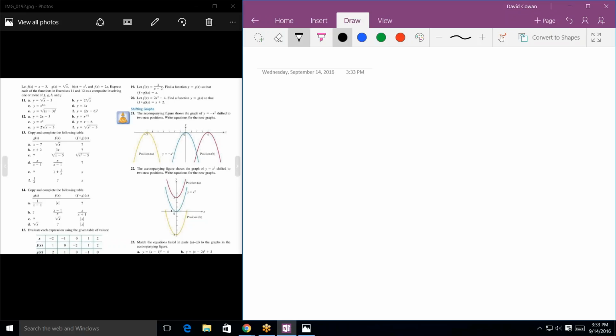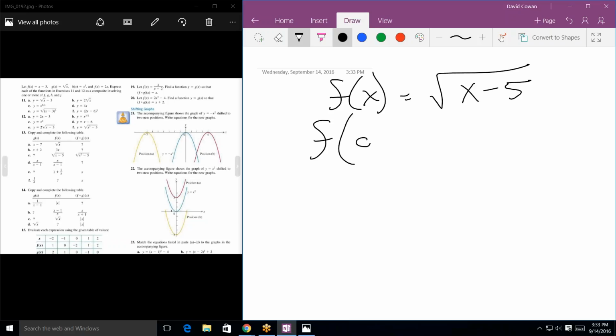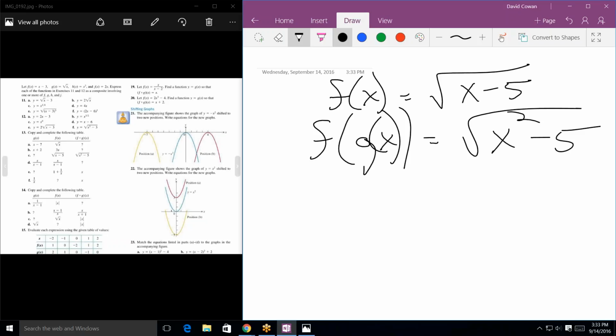13c, we have f of x is equal to root x minus 5, and we have f of g of x is equal to the square root of x squared minus 5.